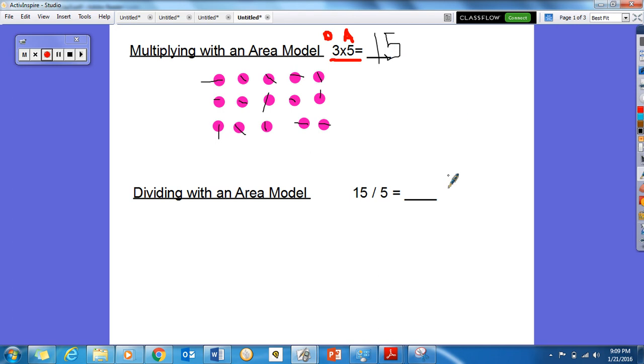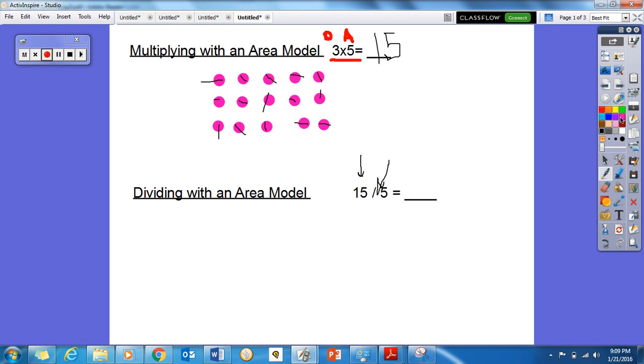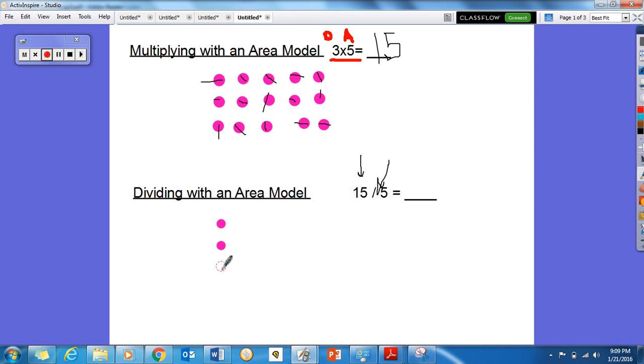Now when I divide with my area model, I need to divide 15 items into 5 groups. So I'm going to make 5 groups. Make it a little bit bigger. 1, 2, 3, 4, 5. So those are going to start my 5 groups. And I need to divide the number 15 evenly between these groups.